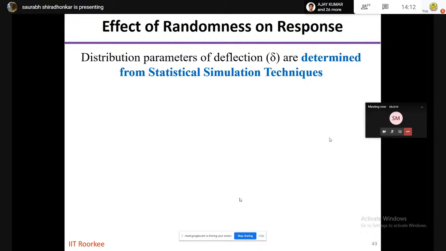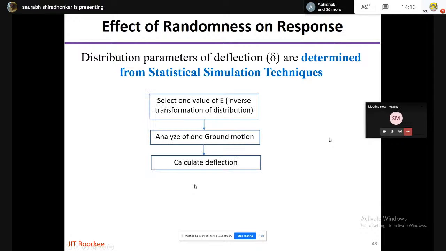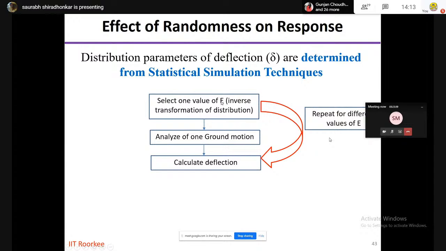The similar kind of analysis is used to figure out the statistics of the deflection, and this is called the statistical simulation technique. What we do is take one value of E, the modulus of elasticity that represents the rod, apply the ground motion, and figure out the deflection. Then we change the value of E and figure out the deflection again.